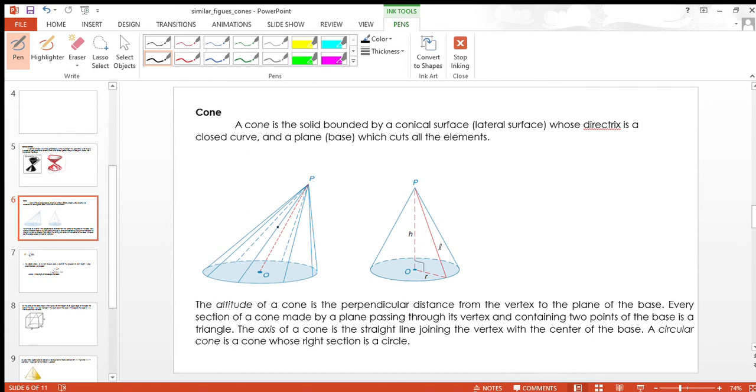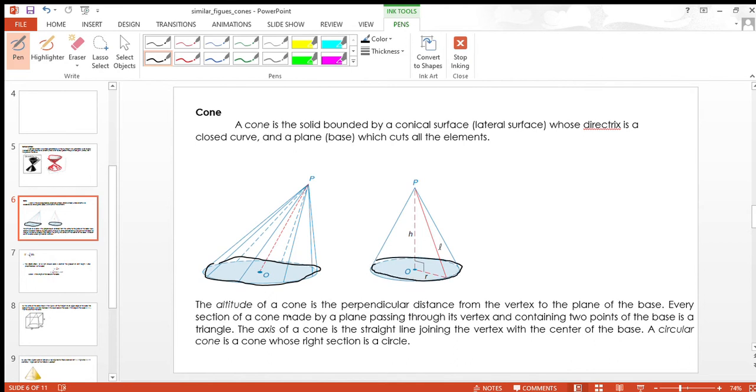You have your conical surface here, and here you have a conical surface also. Its directrix is a closed curve, and a plane base cuts all elements. So this is now your base. This is also your base for the second diagram.